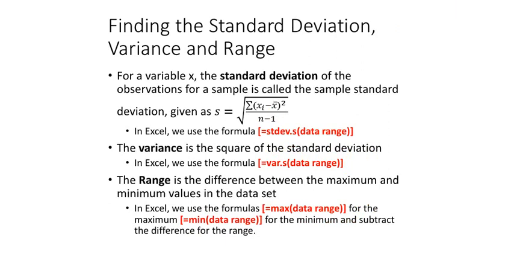It does tell us some interesting information, and you'll find later on that you might want it. And then the range is the maximum value minus the minimum value. We don't have a range command in Excel, so we make do with finding a maximum, finding a minimum, and then finding the difference between those two.